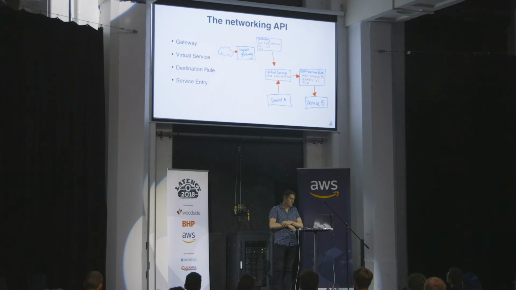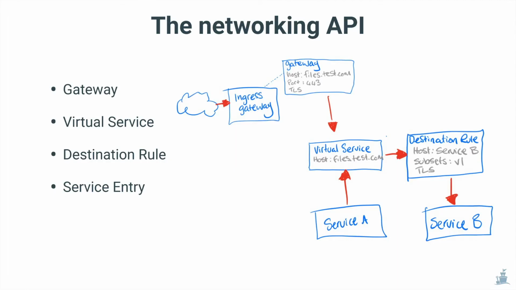Cool. All right, so the networking API is what really allows a lot of the fancy traffic shifting and shaping technology. And there's four key parts. There's the gateway, which is the thing that basically configures or wires up how we talk to a load balancer. That's our kind of incoming egress configuration. We've got the virtual service. That's basically the definition of a service that's addressable within the mesh.